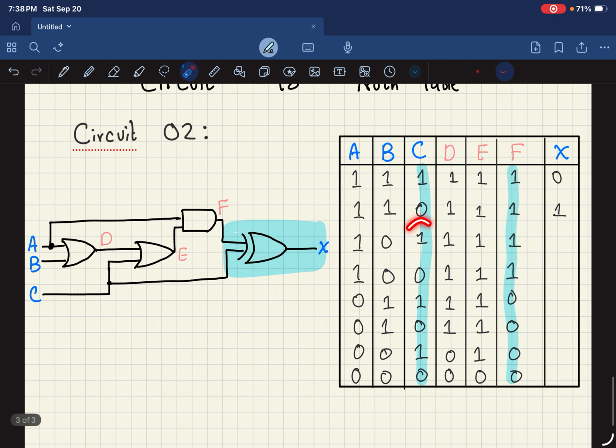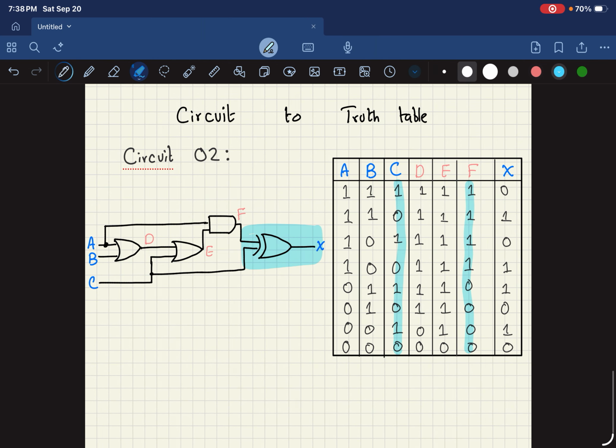The next set of inputs is again the same, it will produce 0, again this time 1, then 0 again. Then it's different because it's 1 and 0, so that's 1. 0 and 0 is again the same input, so we are going to get a 0 over here. 1 0 produces 1 and 0 0 produces 0.